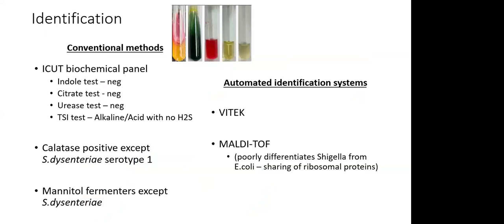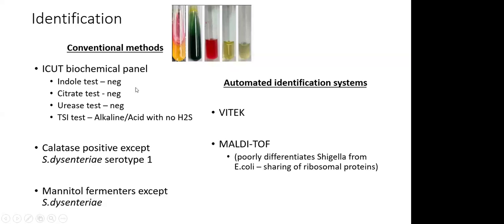For further identification, we can do conventional methods using a biochemical panel, where a few biochemical tests are performed, which show the following results. There are some exceptions among sugar fermenters to identify the different species, like Shigella dysenteriae is a non-mannitol fermenter.